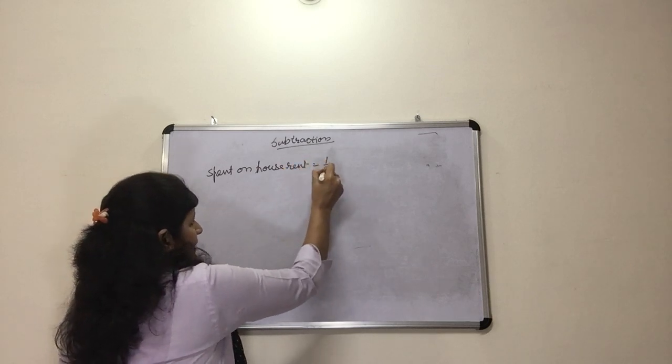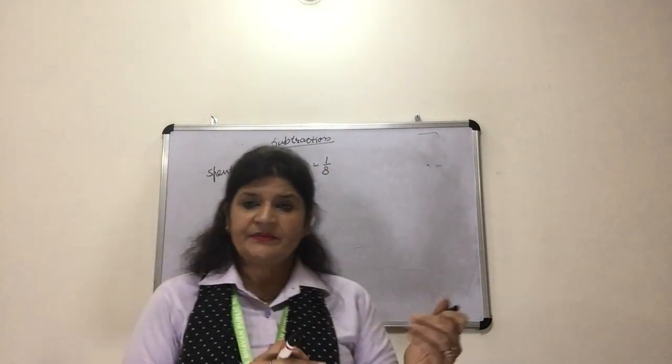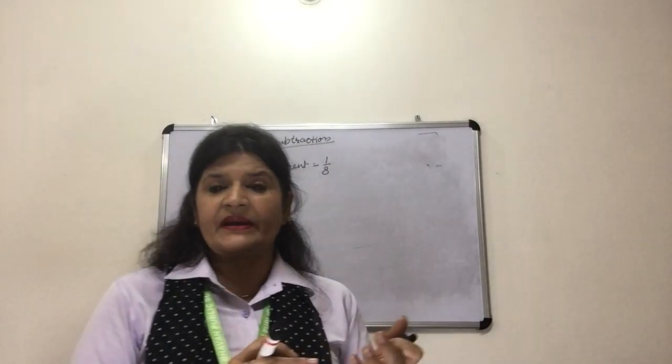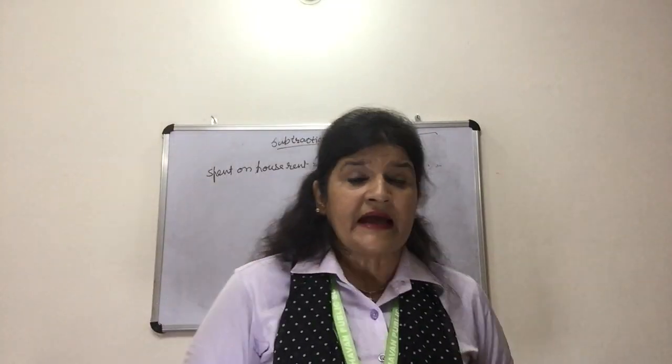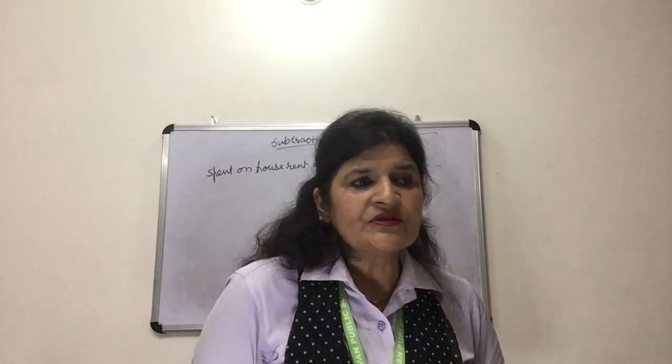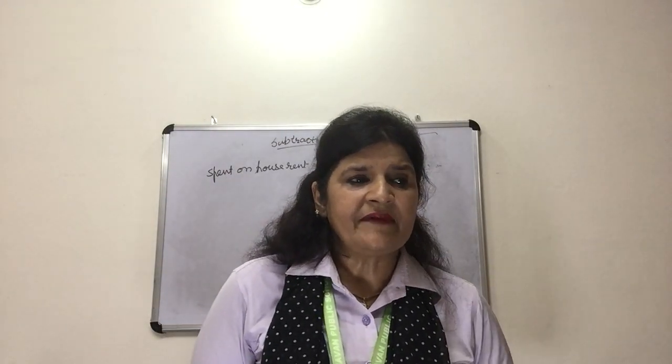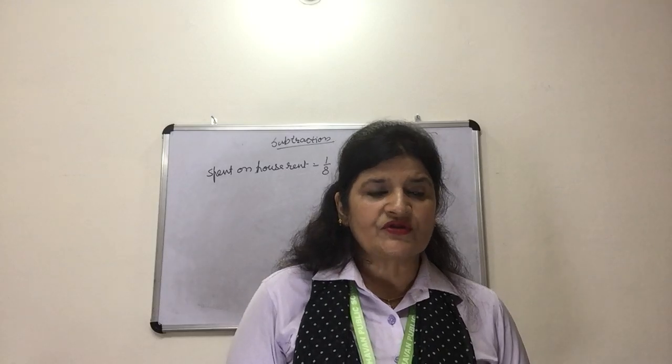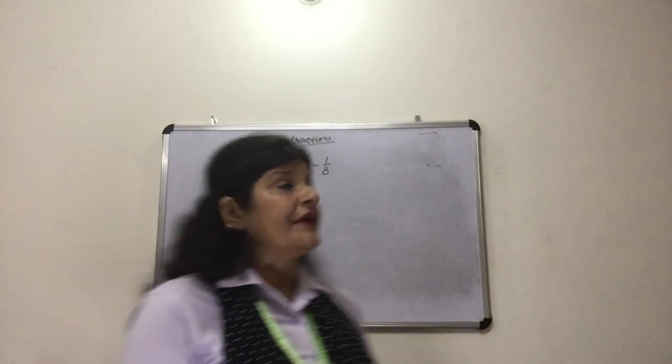That is 1/8. Whatever has been given in the question, we will write that first. Then we will see what it is. Every time in word problems, you have to read the question and understand what we have to do. Ramesh spent 1/8 of his income on house rent and 1/8 for education.